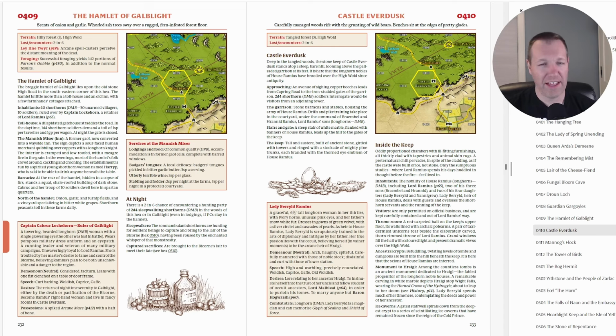So you're going to want to add some context about what they see here. The really nice thing about this published product is that it gives some pretty detailed information about the hex key. There's even a little bit of flavor up here. You can talk about how as they get close to the village, they catch scents of onions and garlic. So it's a small farming village. You can narrate what they see.